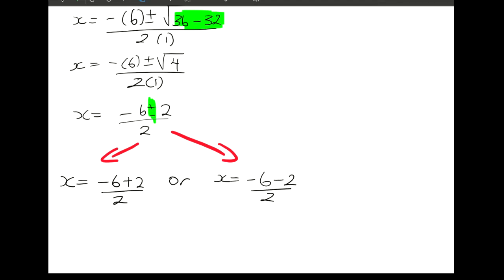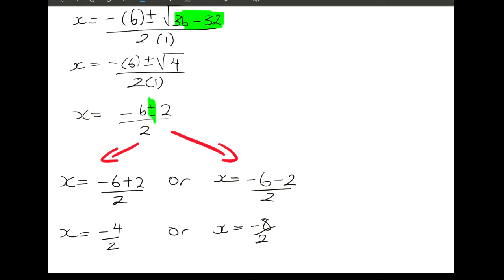Therefore, our solution for this question will have two answers, so we put an or in between. Negative 6 plus 2 gives you negative 4 divided by 2, or negative 6 minus 2 is negative 8 divided by 2.